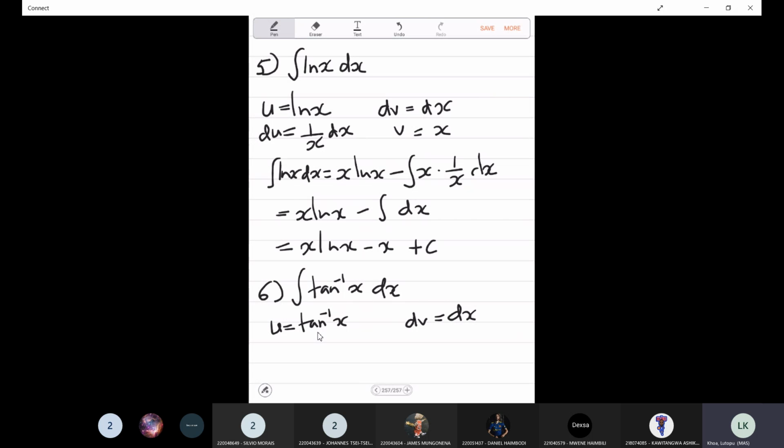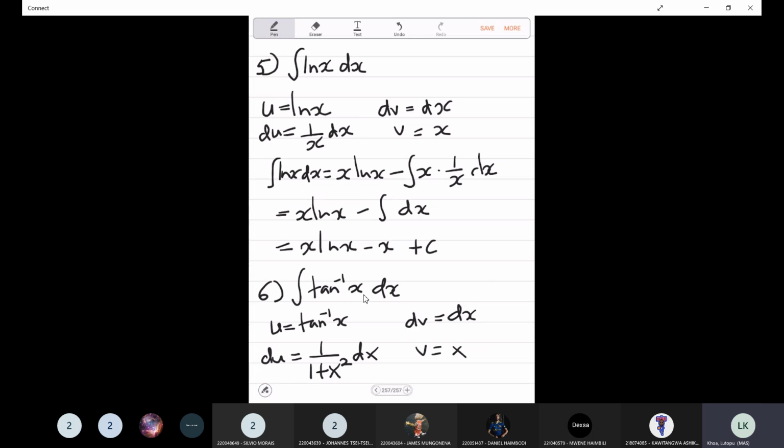So the derivative of tan inverse of x, du, is 1 over 1 plus x squared dx, and v is equal to x. Okay, so we have our 4 terms here.